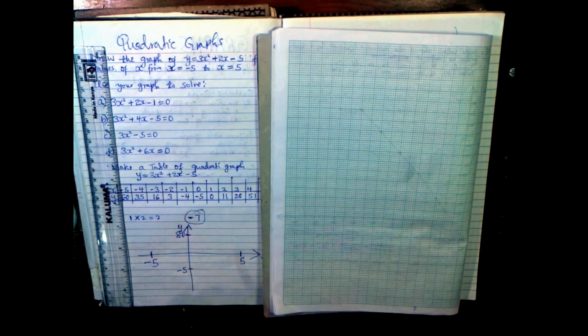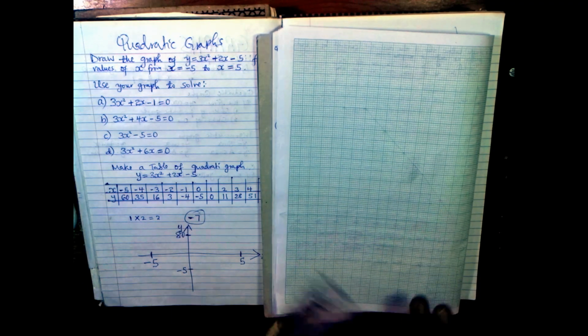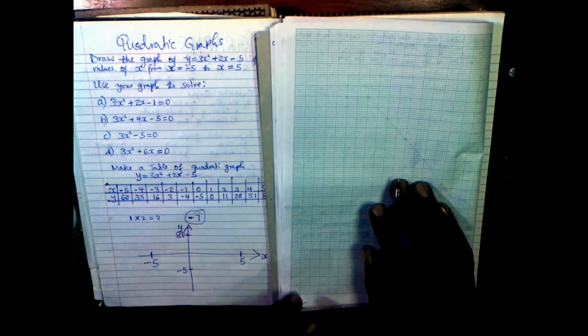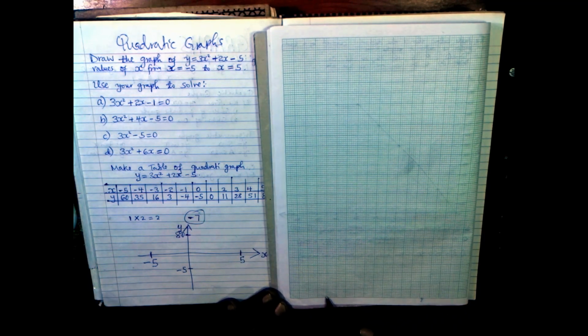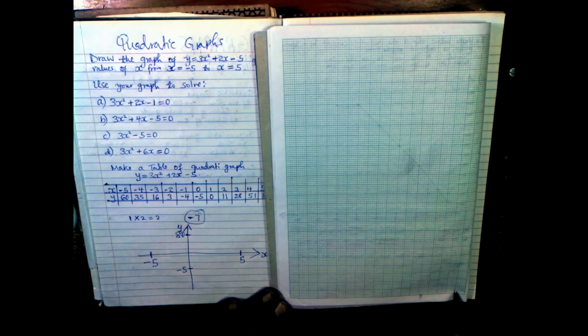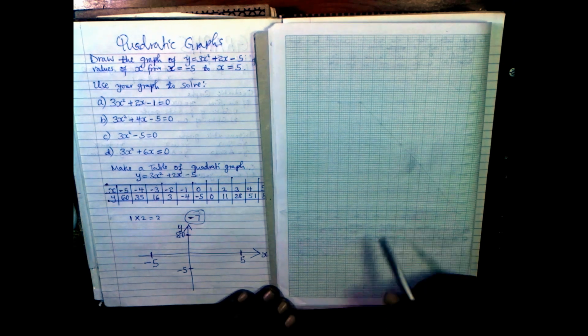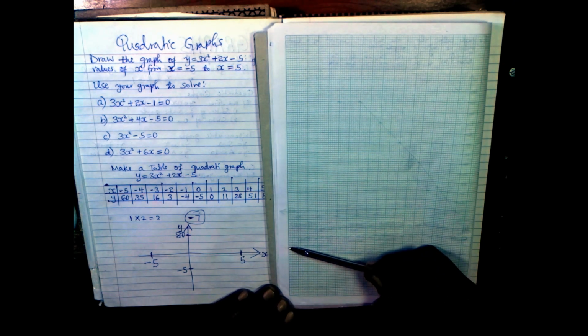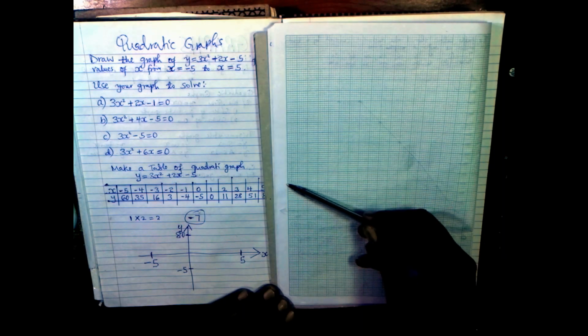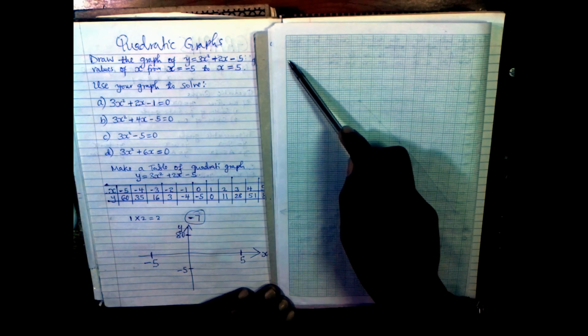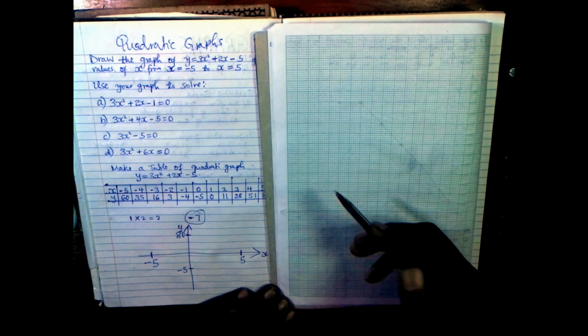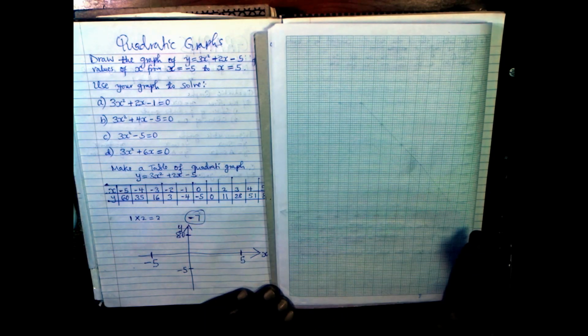The same case applies for the y-axis. In the x direction, how many boxes are there? I have 1, 2, 3, 4, 5, 6, 7, 8, 9, so that's 19. Then upwards, 1, 2, 3, 4, 5, 6, 7, 8, 9, 10, 11, 12, 13, so they are 27. So 27 by 19.